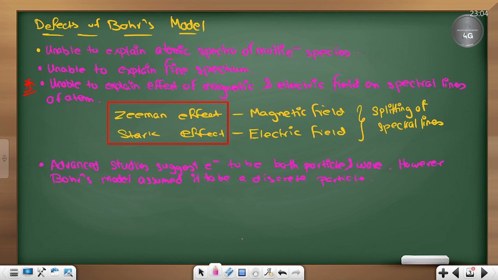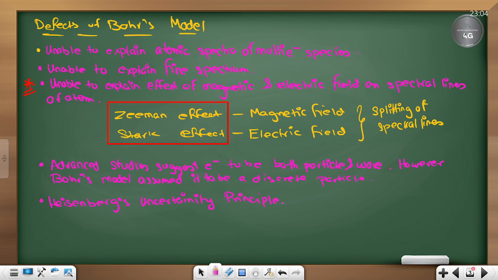Then comes Heisenberg's uncertainty principle. Next and the biggest defect is Heisenberg's uncertainty principle. According to Heisenberg, the momentum and position you cannot simultaneously determine. Please do not write it as a statement, I'm just saying.